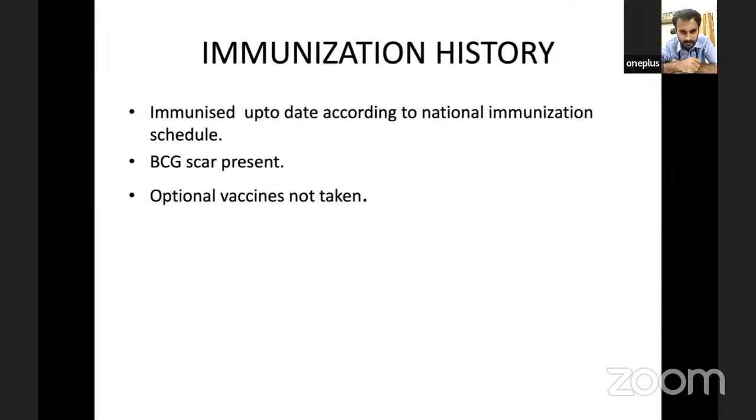Now, whether this child received adequate immunization or not, we should know, because we are going to start long-term steroid therapy. So the child will become immunocompromised. That's the reason the child should receive adequate immunization, or else we need to provide vaccination at the appropriate time, post immunosuppression therapy treatment duration.